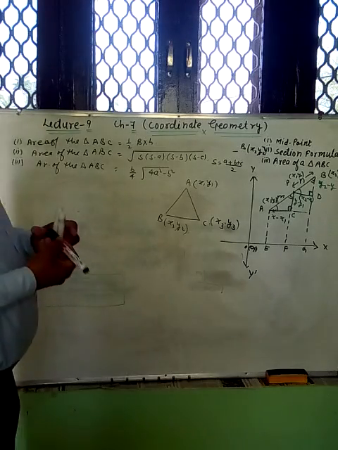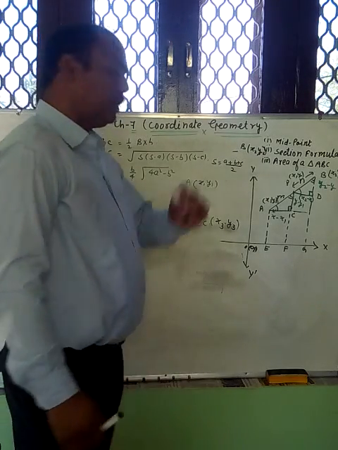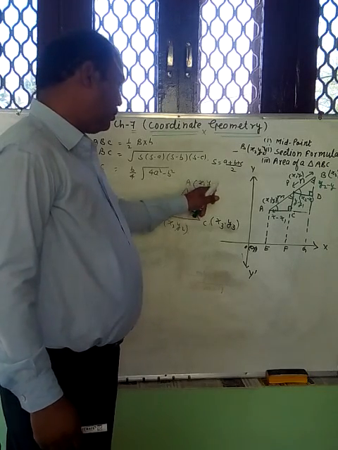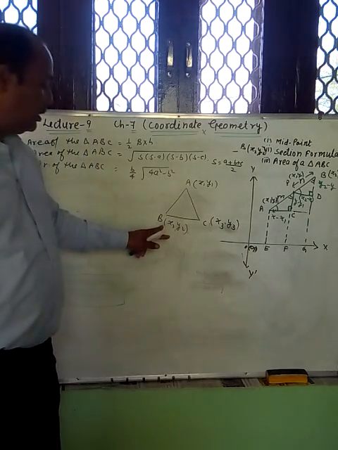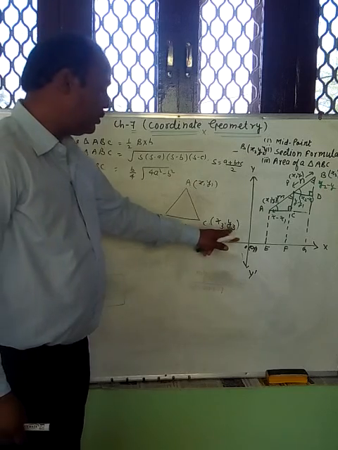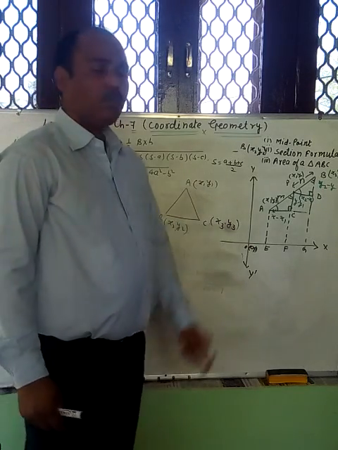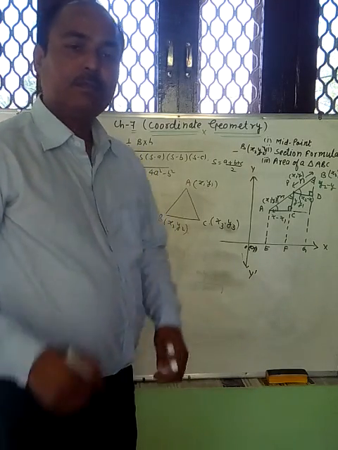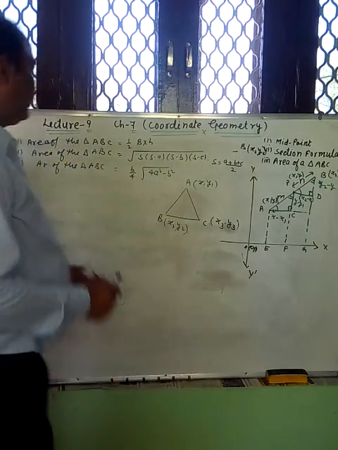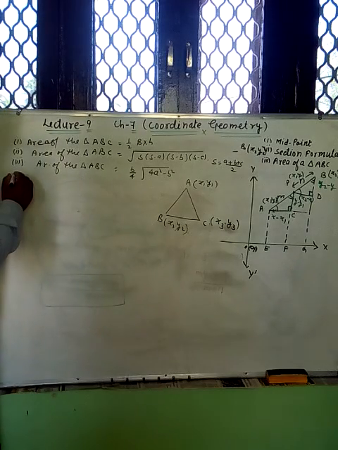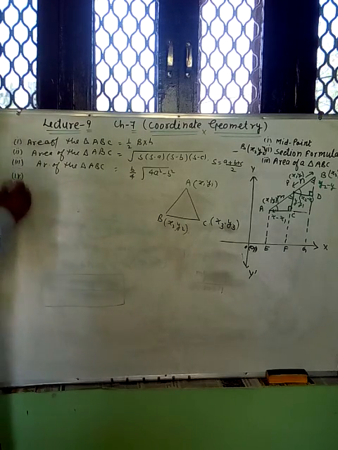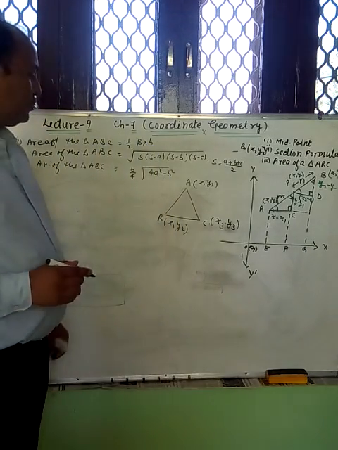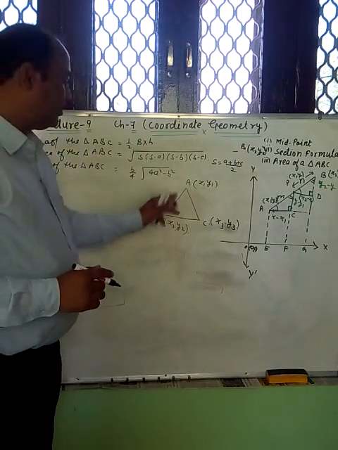These are three coordinates. Now, how do we find the area of this triangle? In a very simple manner, I want to try to tell you.